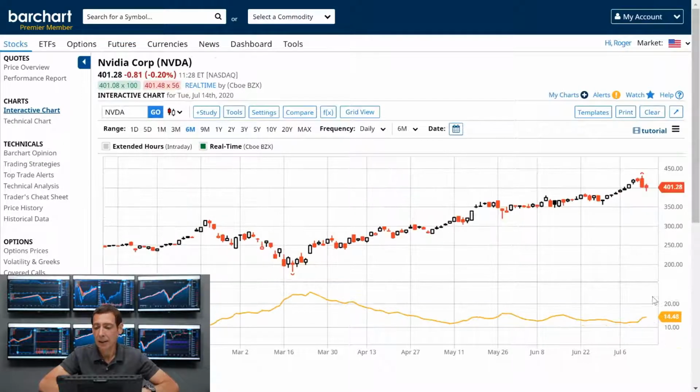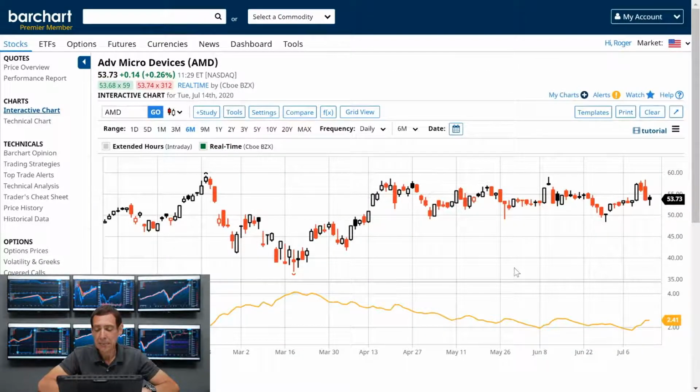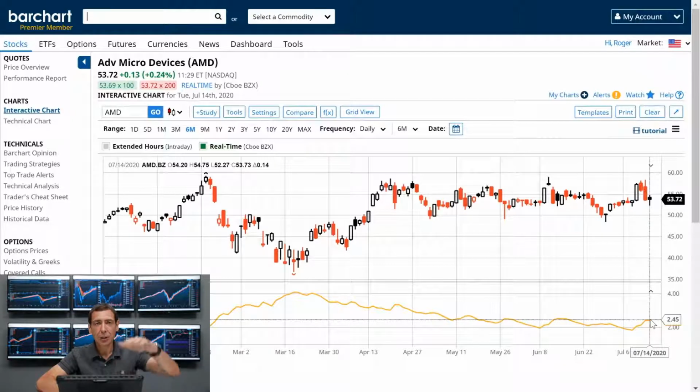NVIDIA is fluctuating at about $15 for every share, and AMD is fluctuating $2.40. $2.40 versus $15. How do we equalize that to $750? 50 shares of NVIDIA and 300 shares of AMD. 200 shares of AMD would give us $500, add another $250 to that, about $750. 245 times 3, or 300. So now you have $750 with NVIDIA, and $750 with AMD.